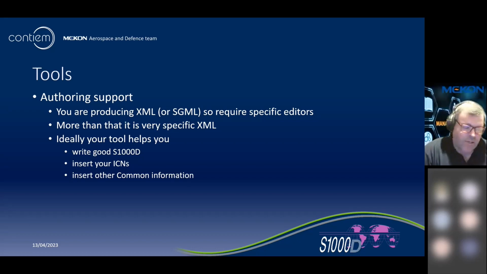I want to make sure that when I insert that warning into my content, I don't change the words around or mistype something or mistype a value. And so if they're inserted from a common repository, again, it takes the pressure off me as an author because I'm not going to get it wrong, and I can just pick it from a list. And in the future maintenance of my document, if those things are updated and changed, that change can be automatically applied to my data module as well.